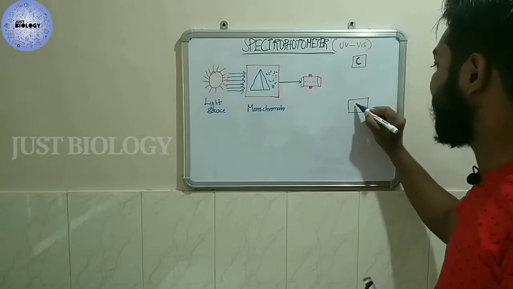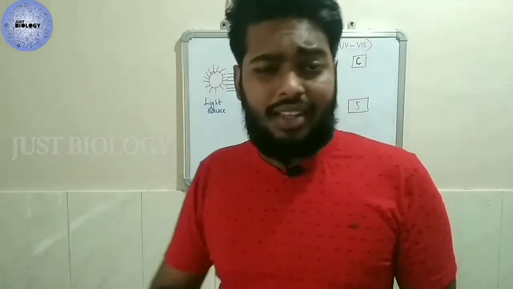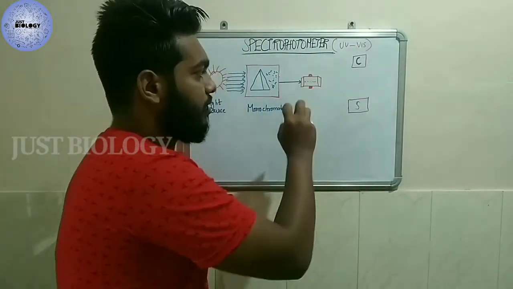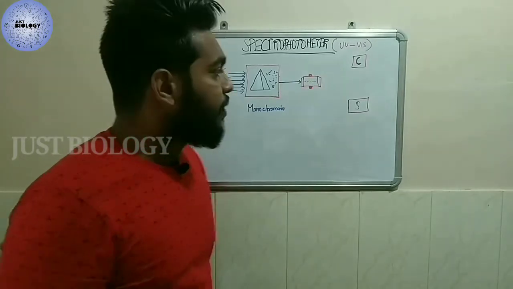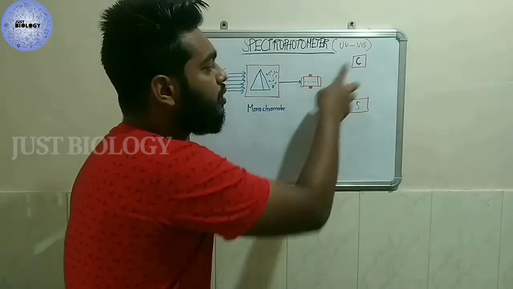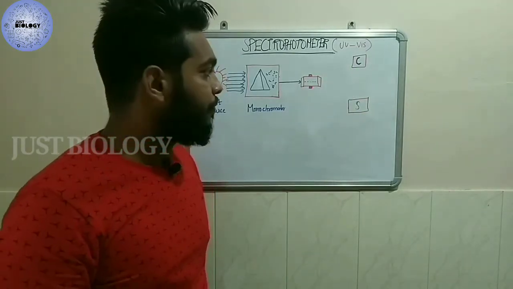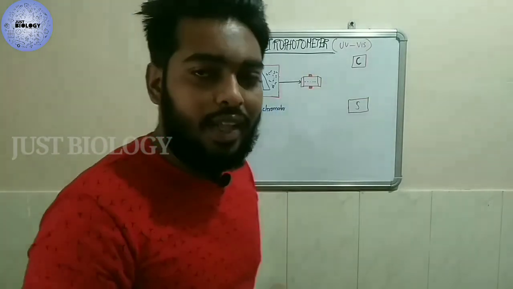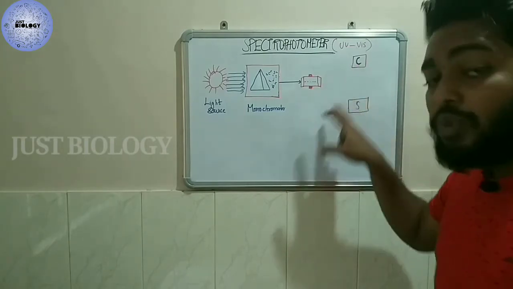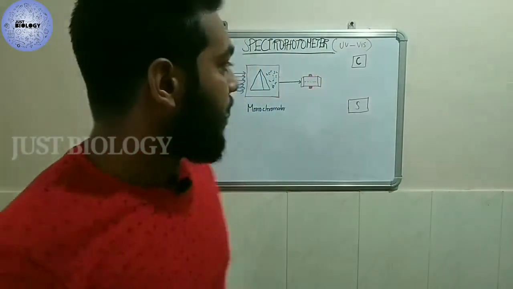This is the control and this is the sample. The light which is emitted from the beam separator will go to the control as well as the sample chamber. So they have two fates. The light coming from the beam separator will have to go to both the control chamber as well as the sample chamber. So that is the idea.